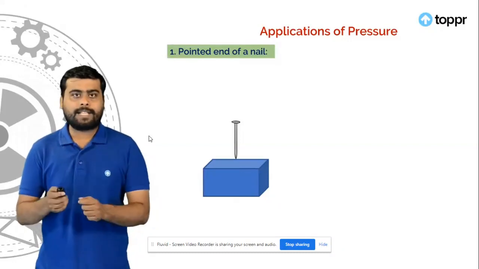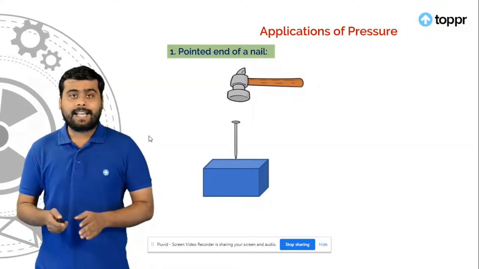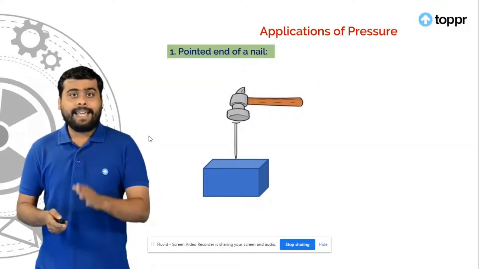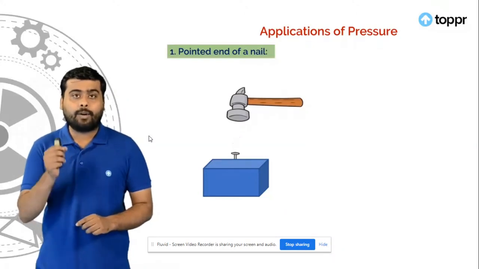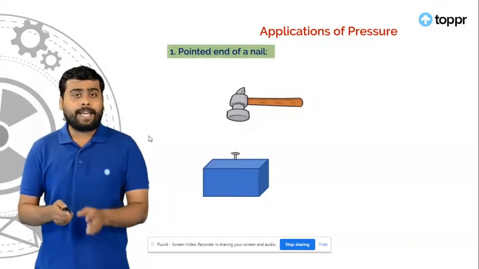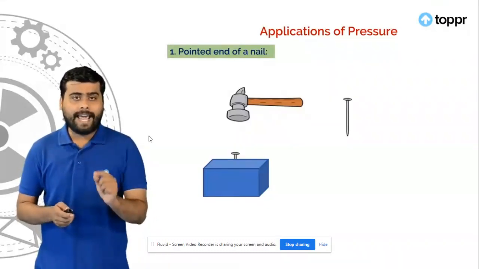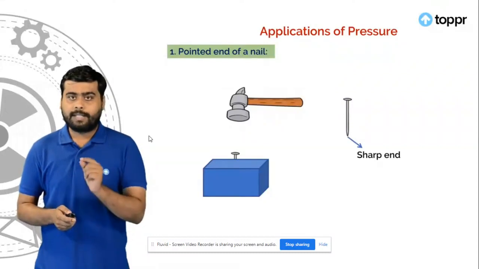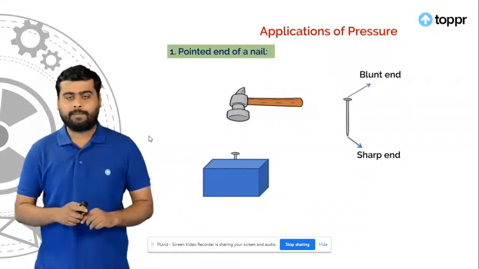Yes, we will use a hammer and then hit the nail. We will hit the flat end of the nail, and because of that this nail will go inside this block. Now if we carefully look at this nail, we will see that there is one end which is very sharp. So this is the sharp end and the other end is flat or blunt.